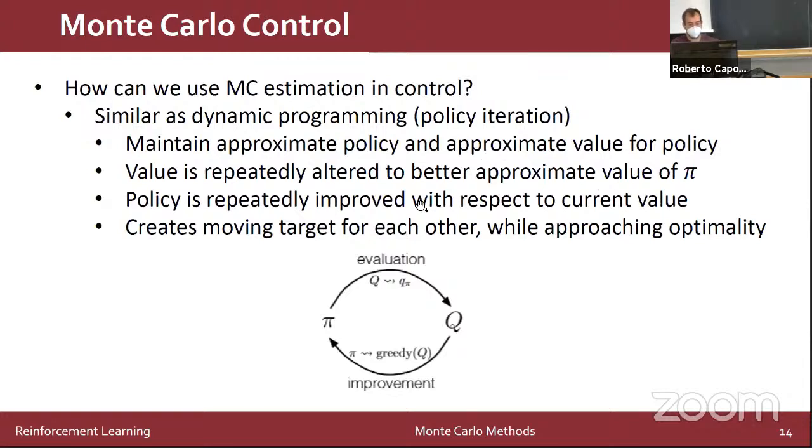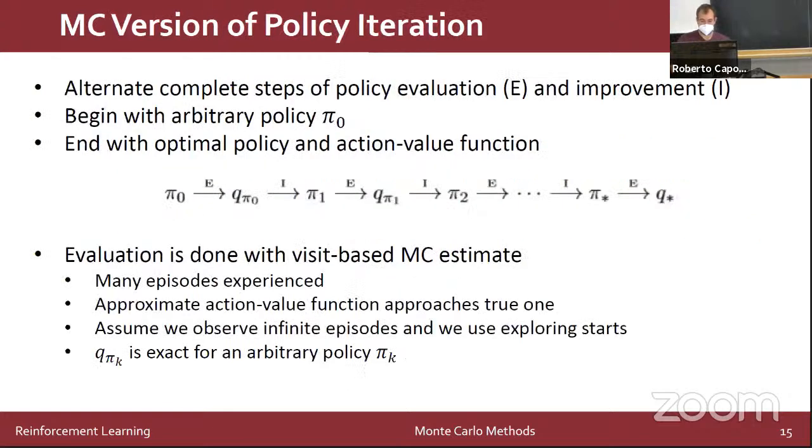And then we take an improvement step. This will create a moving target for us because we'll be estimating the value of this policy, and then trying to improve our policy, and then changing again the value and trying to improve our policy, and so on and so forth. So we'll be alternating between steps of evaluation and steps of improvement.